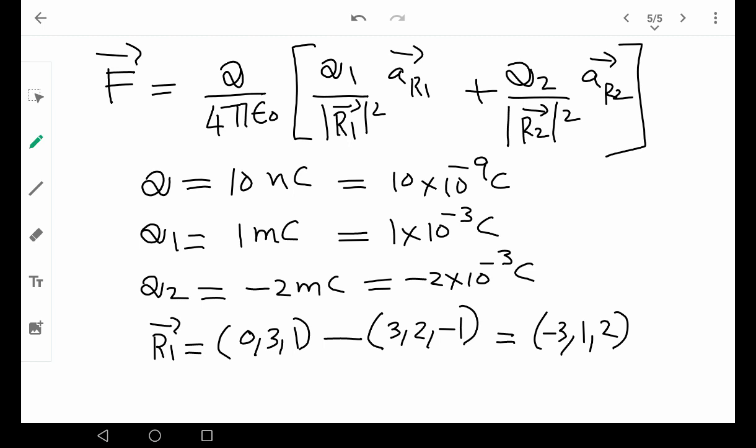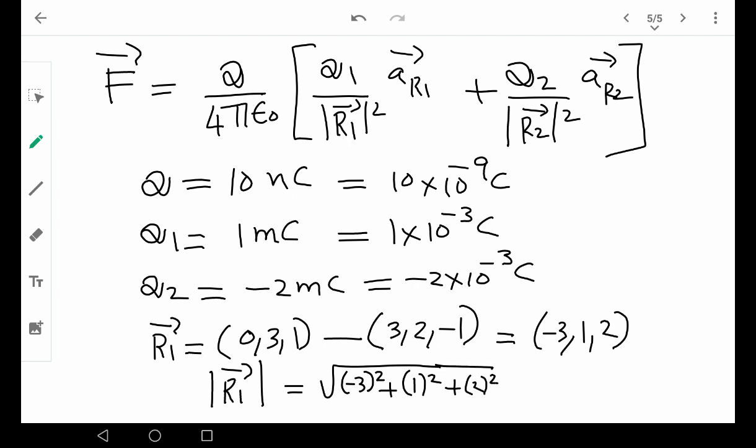So I can write the magnitude of R1 equal to square root of minus 3 square plus 1 square plus 2 square, equal to 9 plus 1, 10 plus 4, 14, right?